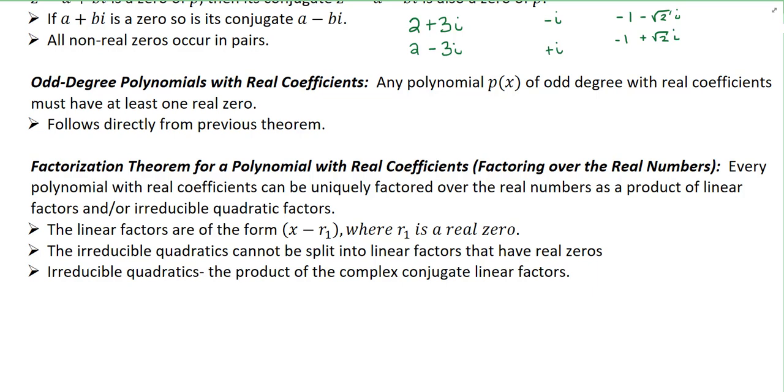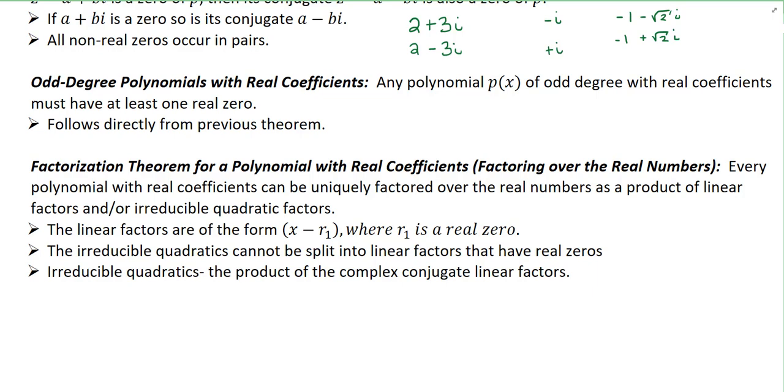And so what ends up happening in this factorization is your leading coefficient of a will still be your leading coefficient of a in the factorization, but some of your factors may be linear and some of them may be what we call an irreducible quadratic. So the linear factors would come from your real zeros, and the irreducible quadratics would come from multiplying together the two linear factors of the conjugate pairs. So you would multiply those factors together.